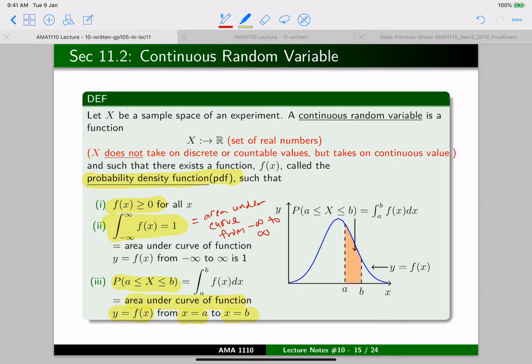So you can see that here, this represents the probability that X lies in between a and b.